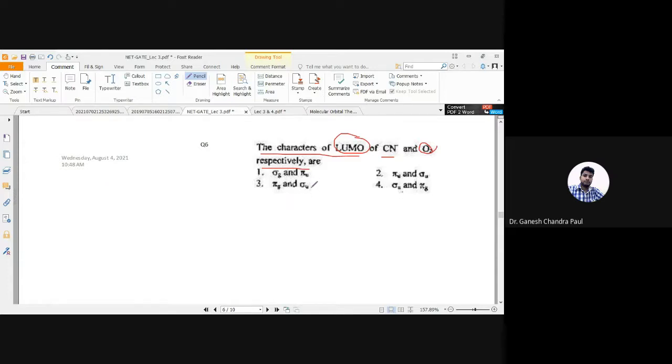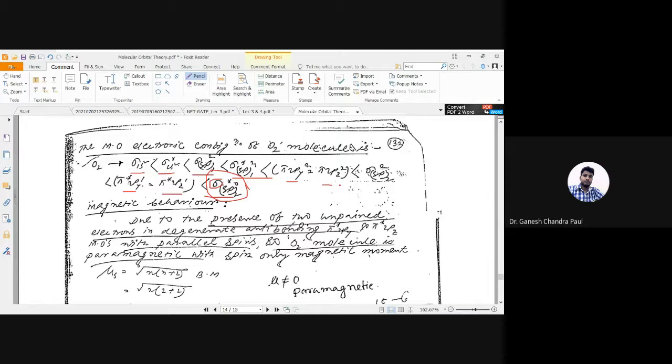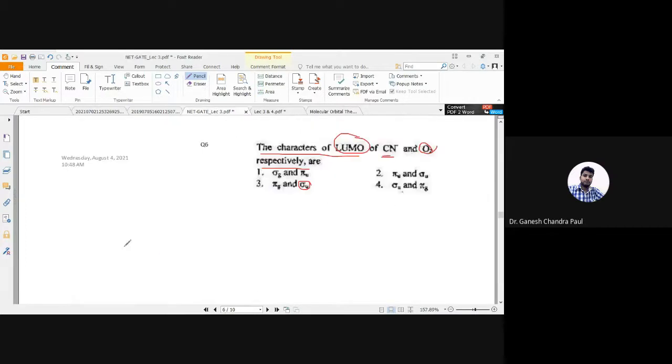This is ungerade. So yes, sigma u is matching. Here is sigma u for dioxygen. Now if you look at the MO of cyanide, in that material it is not there, but if you just try to look here, carbon is 6 electrons, nitrogen is 7, and minus, so it is overall a 14 electron species.